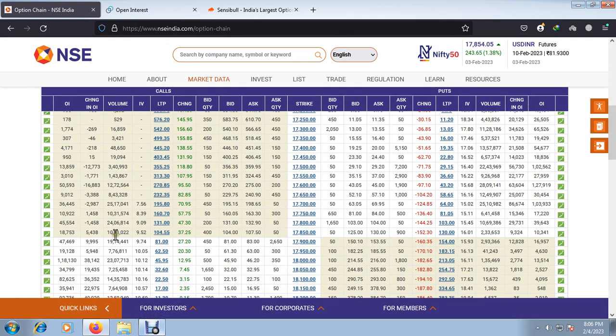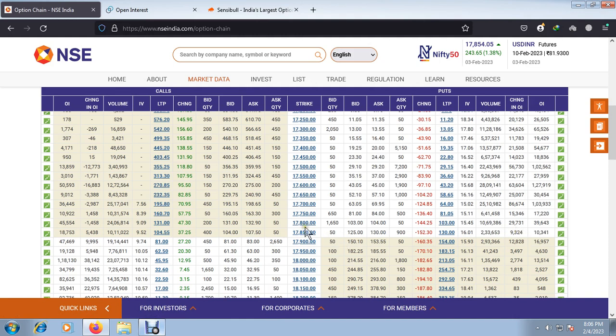So what is the open interest on both sides of this current strike price, which is at the money, 17,850? Here the change in open interest on the call side is 5,438 and on the put side it is 9,324.